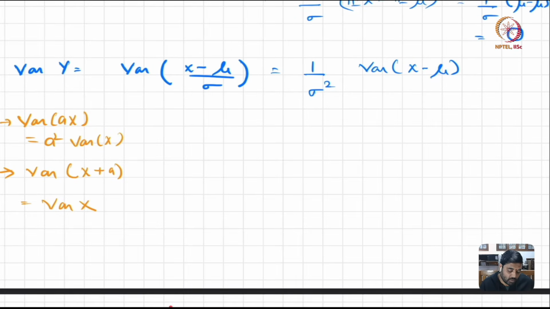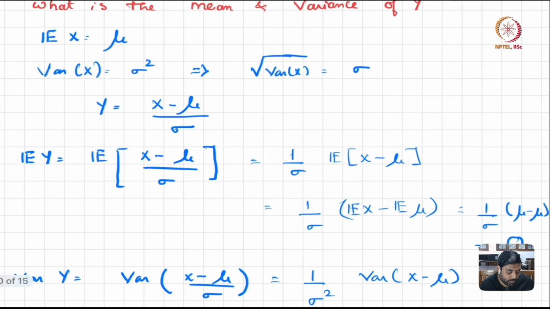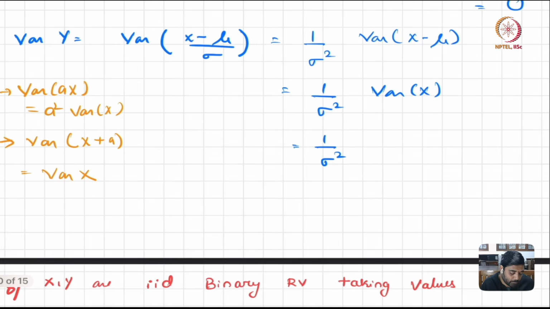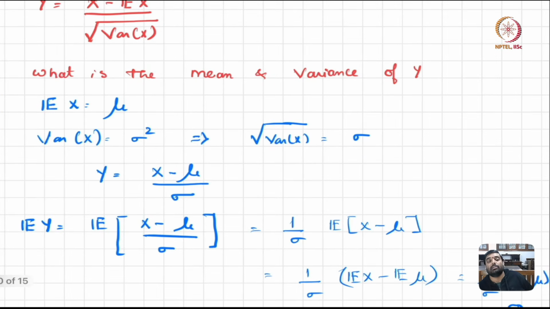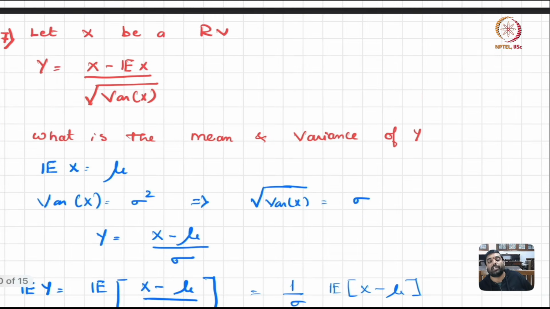Therefore this will be 1 over sigma square into variance of x. What is variance of x? I used sigma square. Therefore it is 1. So y is a random variable, a function of x, with mean 0 and variance 1.